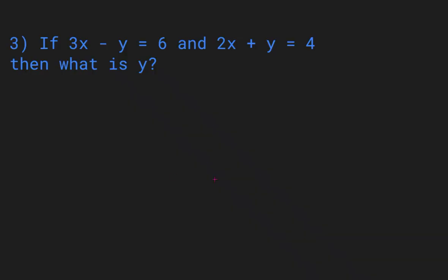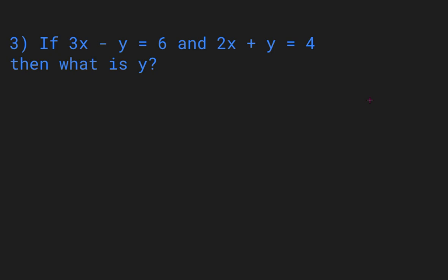All right, number 3, clean screen. Okay, recognize these are in what's called standard form, where I have some x term, some y term, an equal sign, and a constant. When you see that, start to think, oh, systems of equations.